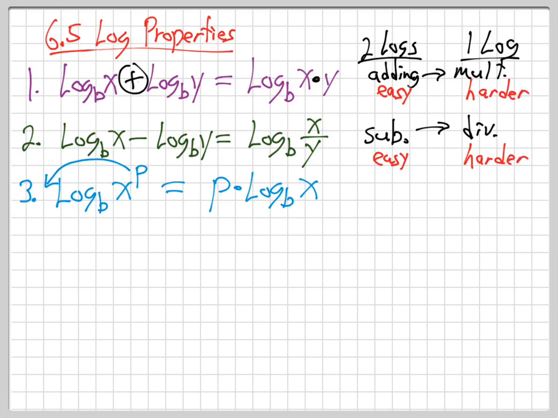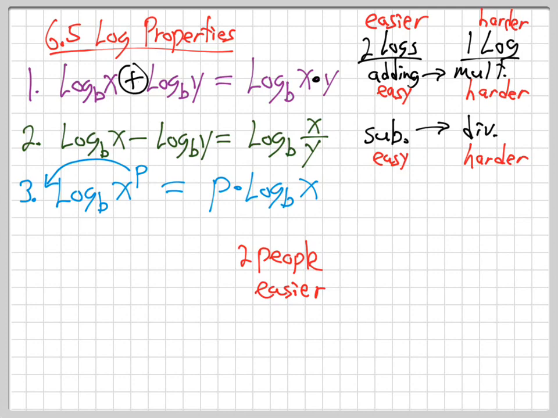So an easy way to remember this formula is, you know the old saying, if two people work on something, it's easier. So if 2 logs work on something, it's easier. If one person has to do the job, that makes it harder.